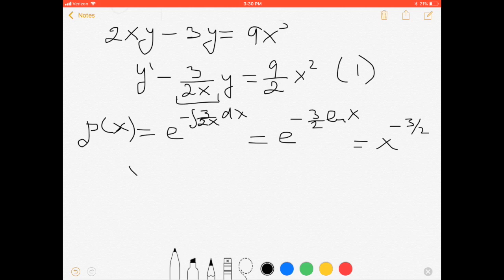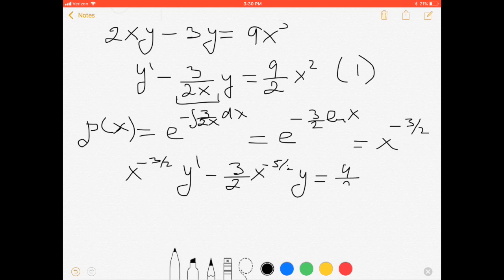What do I have? x to the negative 3/2 power y prime minus 3/2 times x to the power negative 1 minus 3/2, which means negative 5/2 power, y equals 9/2 x to the 1/2 power.